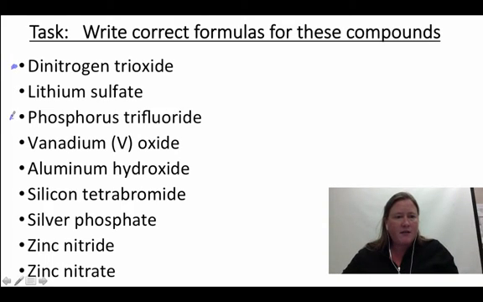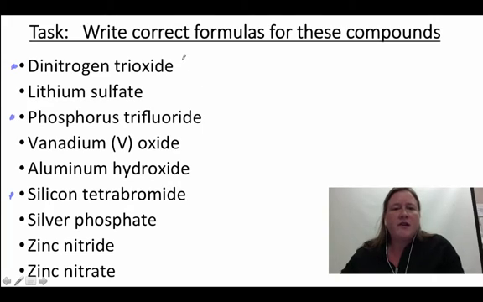Phosphorus trifluoride, yep. Vanadium oxide, no prefixes. Aluminum hydroxide, nope. Silicon tetrabromide, yep, there are some prefixes. Silver phosphate, no. Zinc nitride, no prefixes. Zinc nitrate, no prefixes.